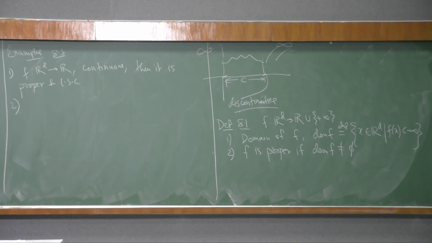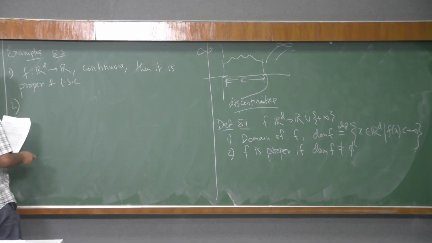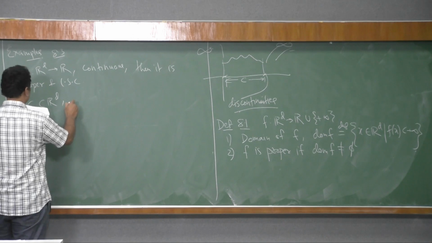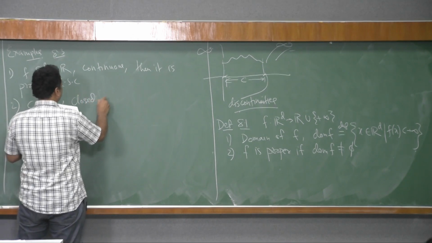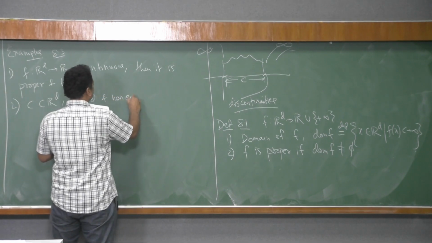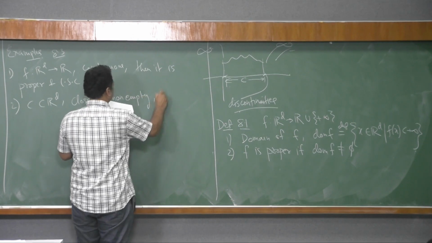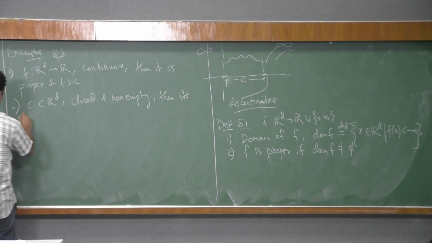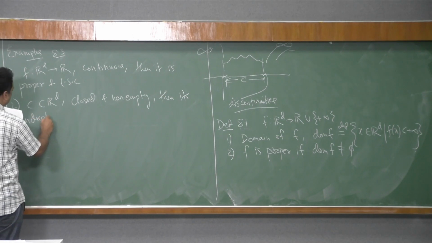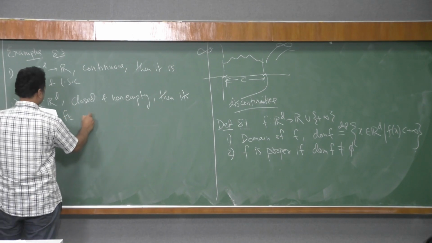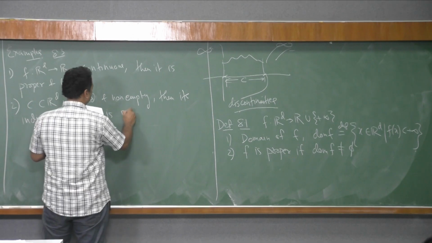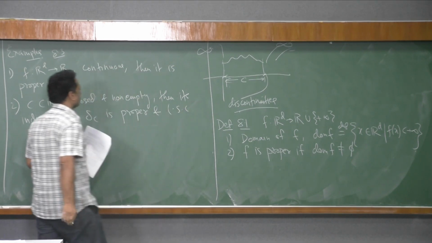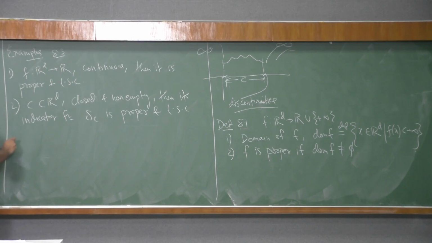Okay, so that's given. So you can formally try to prove these things. C subset Rd closed and non-empty, then its indicator function delta C is proper and LSC. Okay, so these are the things you may try to prove.